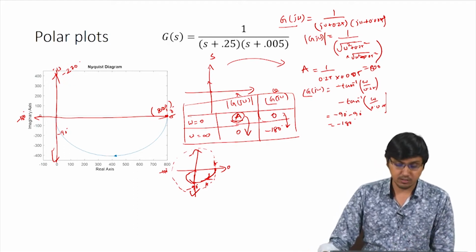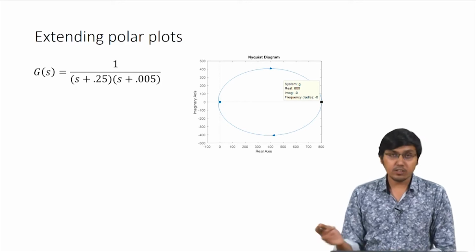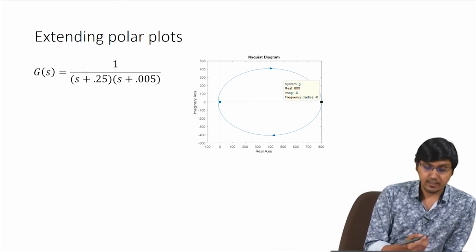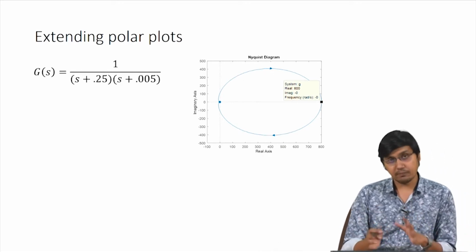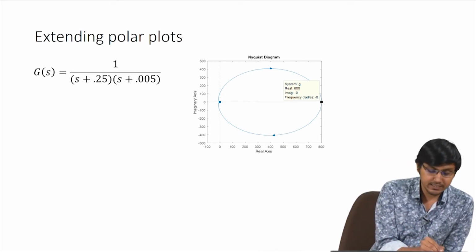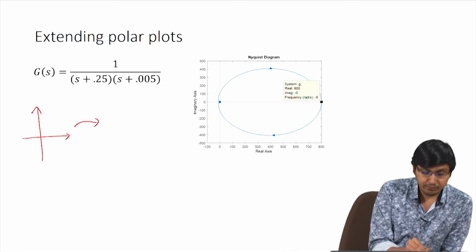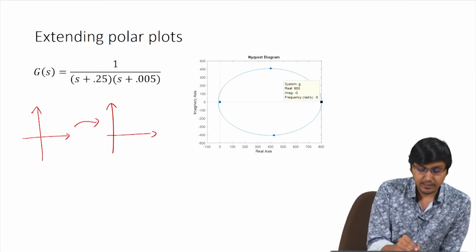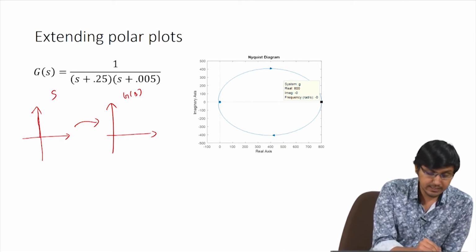Okay. So, I'm still not going into detail of this, but I will just tell you for the sake of intuition. When we go from the S plane to the G of S plane, what this polar plot says is what happens when I change omega from 0 to infinity.